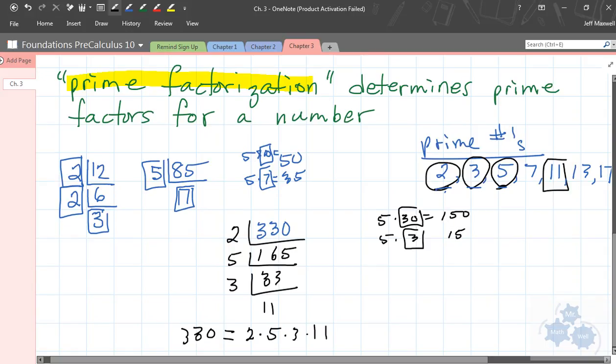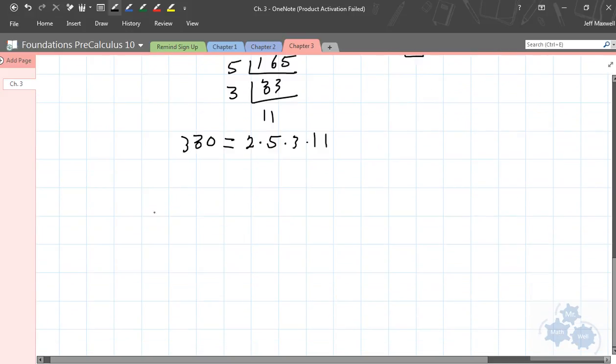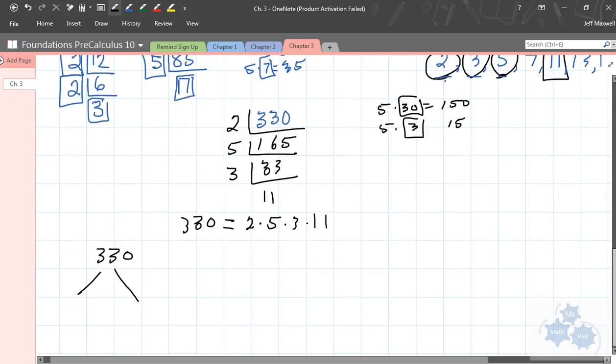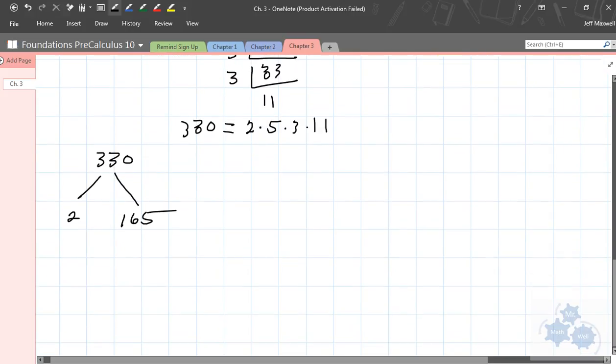The other method I'll show you real quickly that you might like as well is, well, let's take a look at 330 again, and let's do the, I don't know what they call it, the tree method or something? Factor tree method, I think, okay? So 330, you could split that up, and you've got 2 and 165, right, like that.